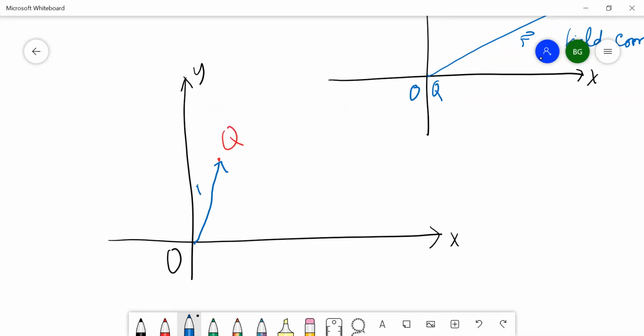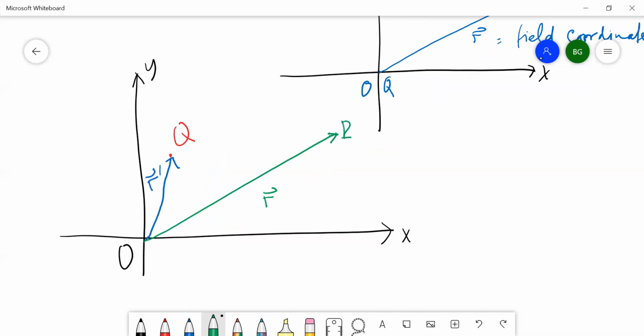This is R prime, let's say, and this is a point P. This is R. This R prime means the source coordinates, and this R is the field coordinates.